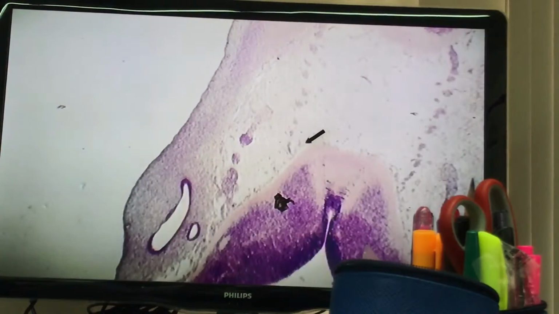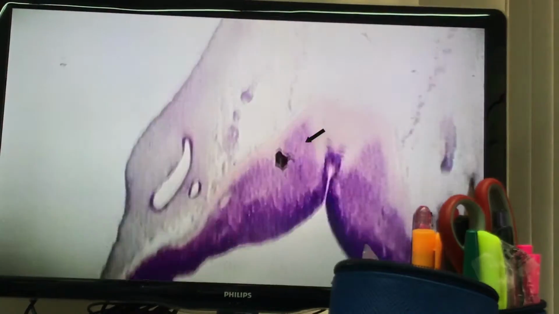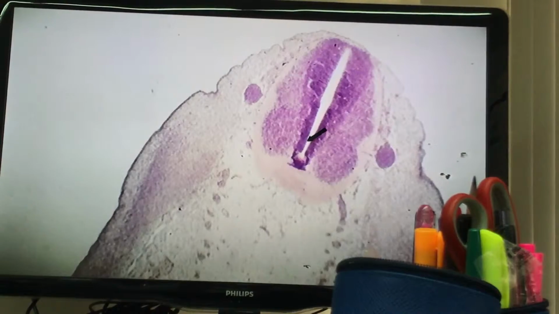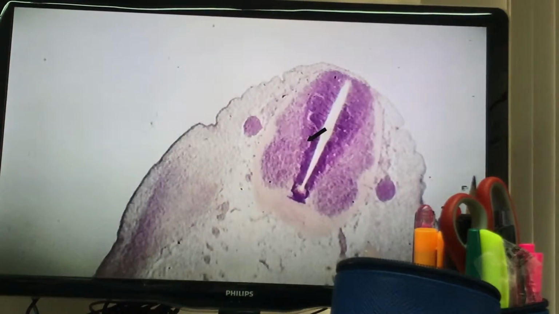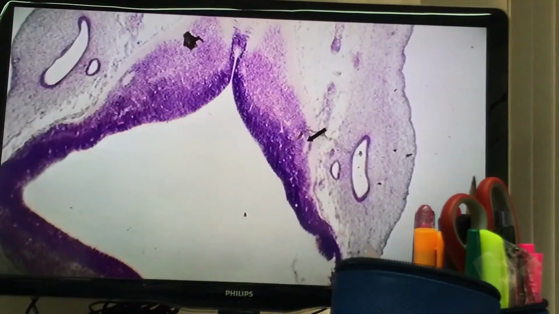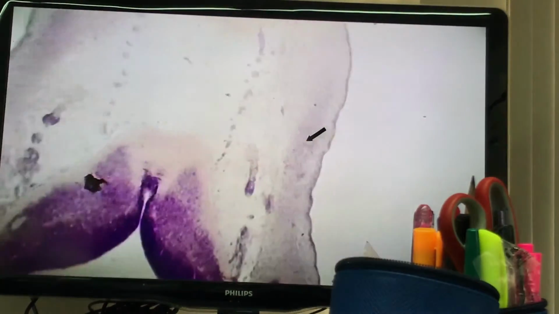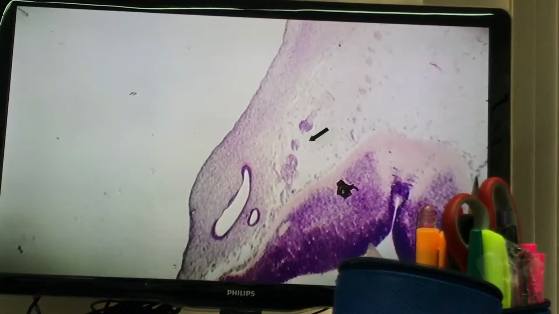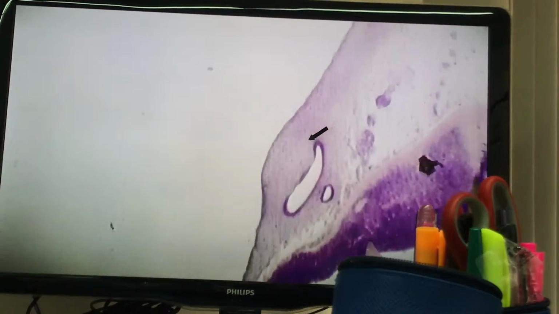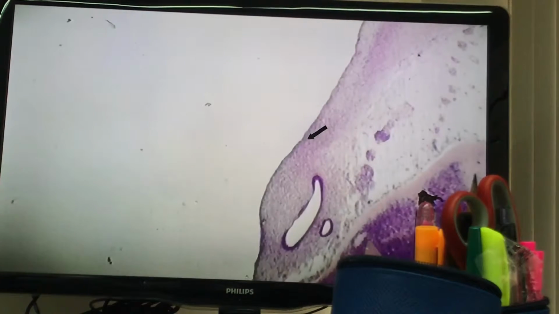Okay, the next is the developing ears, no? So you orient yourself first where is the posterior. So where you have the spinal cord, that is the posterior side, and this is the anterior side. The reason why I'm emphasizing this is because of the developing ears, which arise from your surface ectoderm.